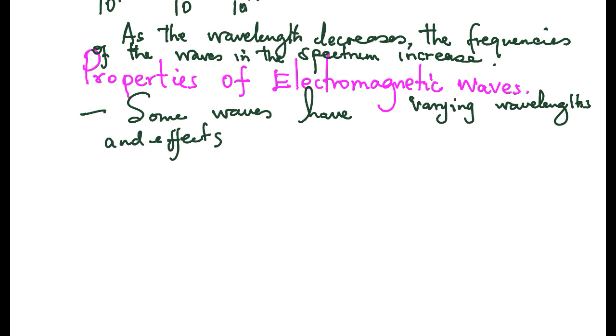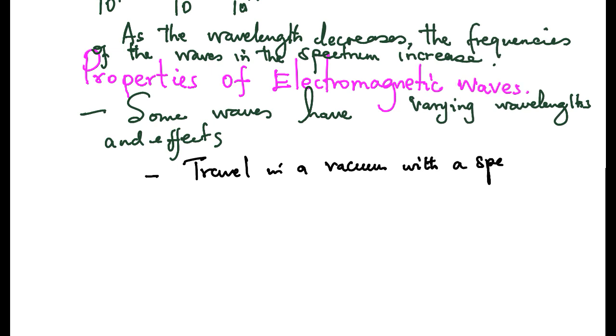However, all the waves have the following properties. Electromagnetic waves travel in a vacuum with the speed of light, which is 3 times 10 raised to the power 8 meters per second.